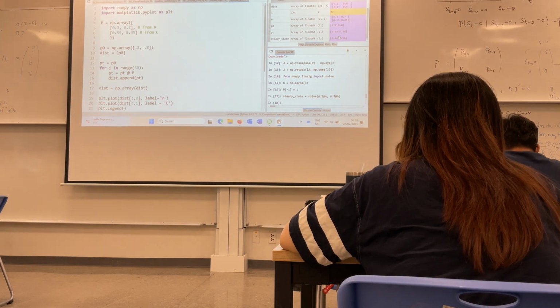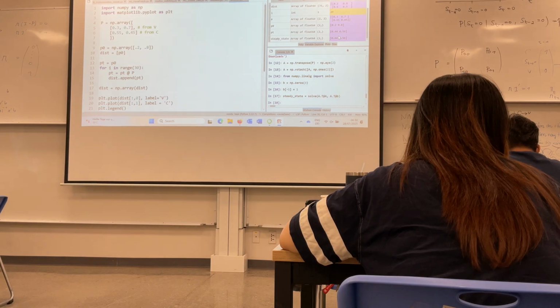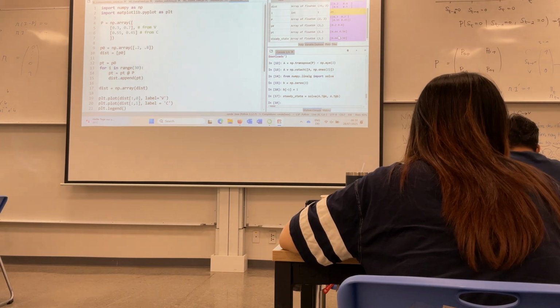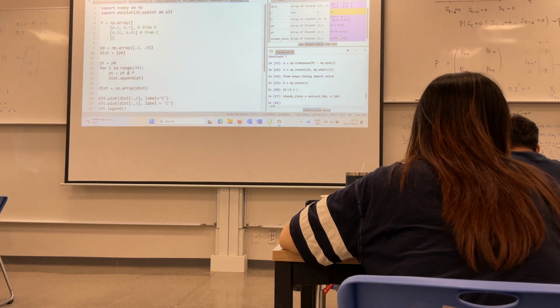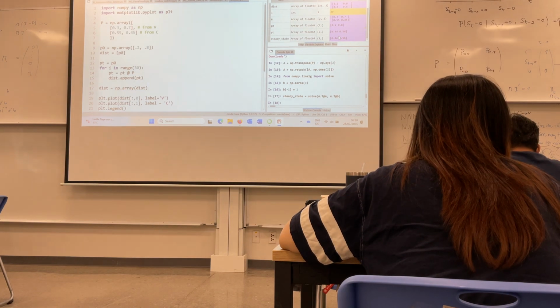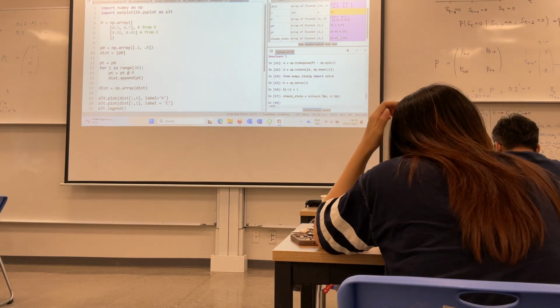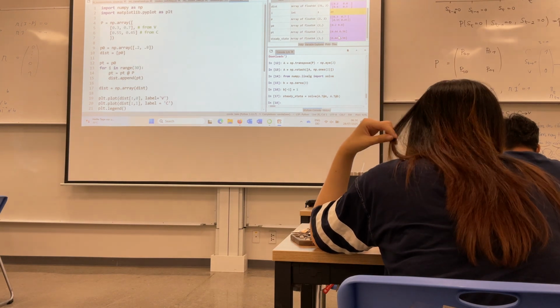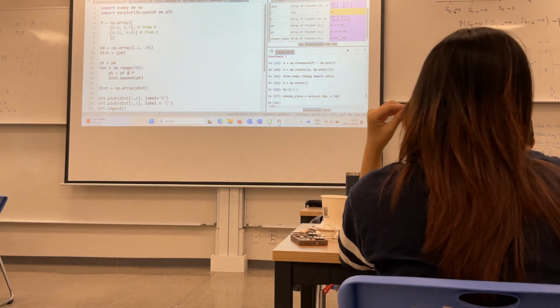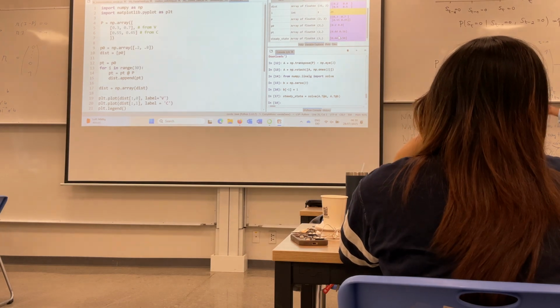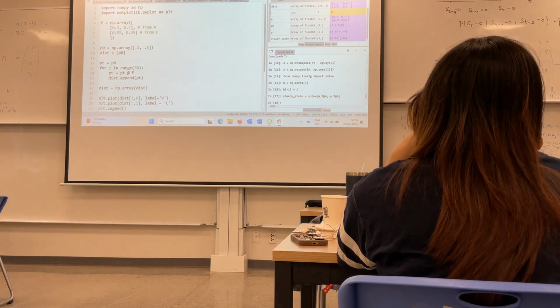So 44% of the letters, with those transition probabilities that I put in, will be vowels, and 56% will be consonants. So that's the long term, the steady state probabilities.